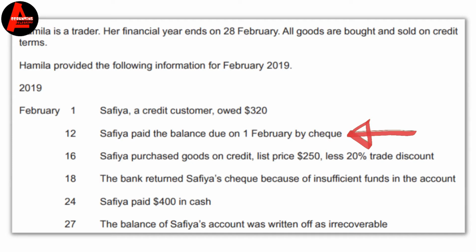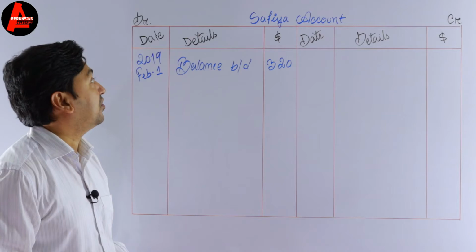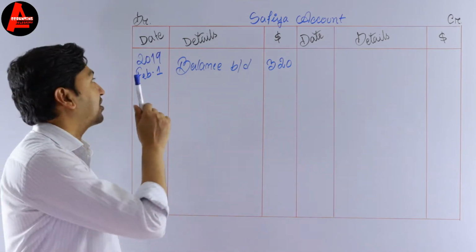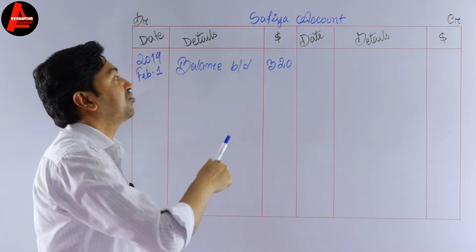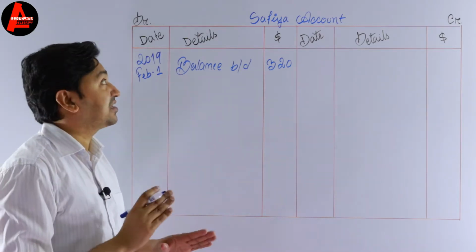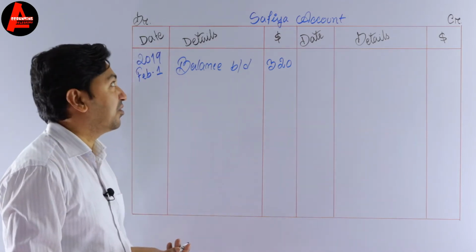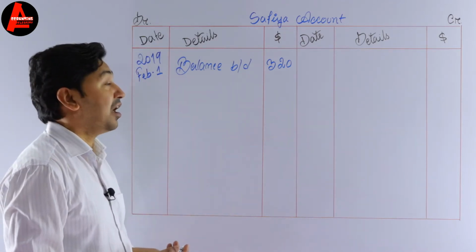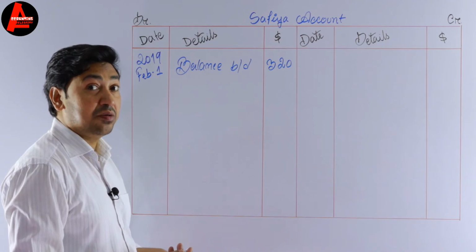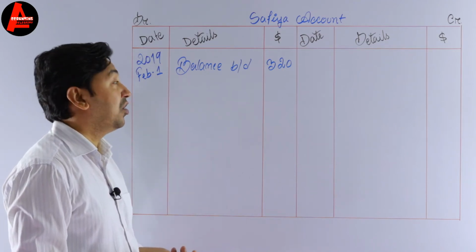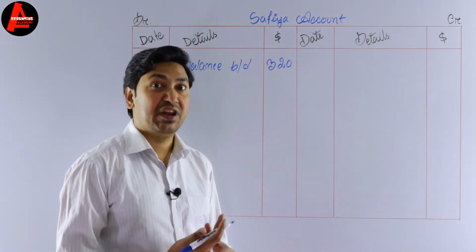February 12, Shafia paid the balance due on 1st February by check. On 1st February the balance was $320, and this amount is paid by Shafia on February 12. That means Hamila received money from Shafia. We are doing Shafia's account, so here Shafia is credited.